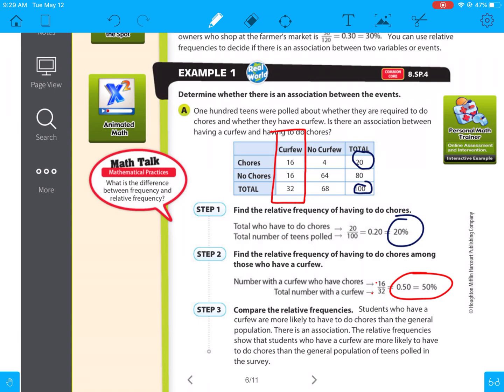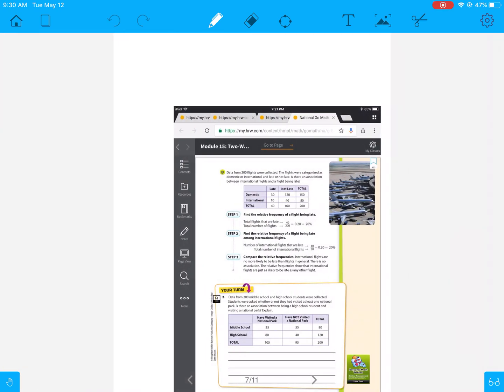Since 50% is a lot higher than 20%, more people who have a curfew do chores. That could be because their parents give them more responsibilities, or they make them accountable for their actions, and don't just let them run around and do nothing. So, yes, there is an association since that 50% is higher.